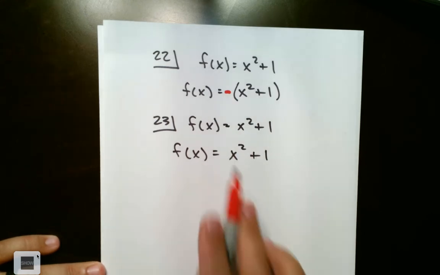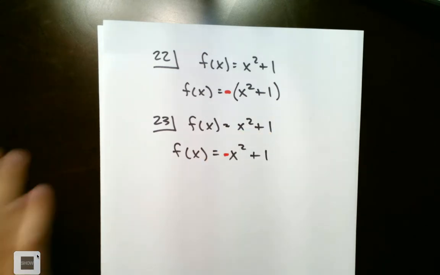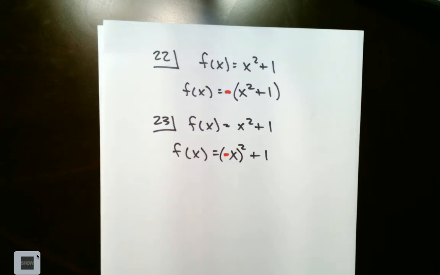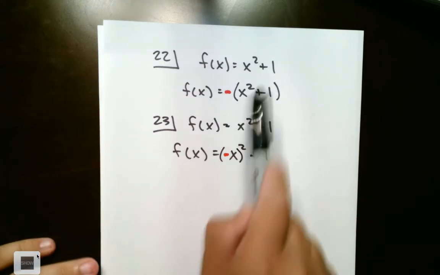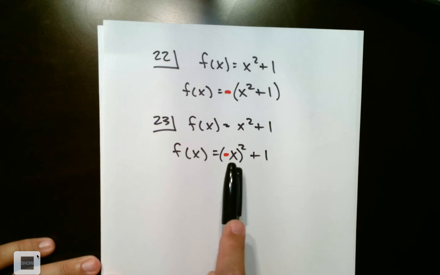Now to reflect it across the y, I only want the x to become negative. All right, big difference. It's a subtle difference, but it's a big difference. So when the entire function becomes negative, that reflects it across the x-axis. When just x becomes negative, that reflects it across the y.